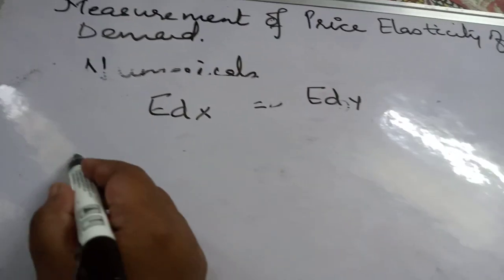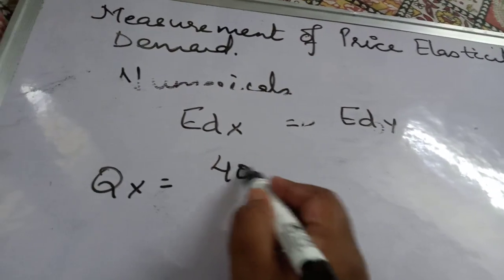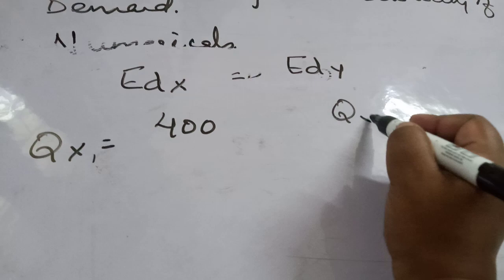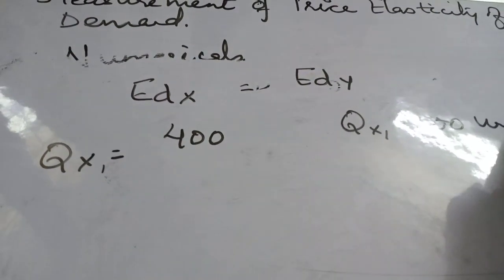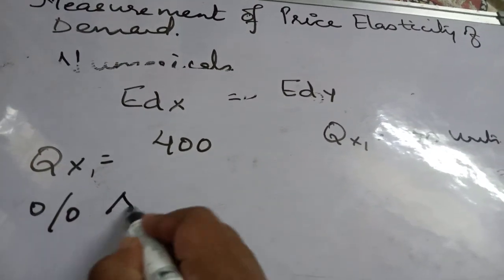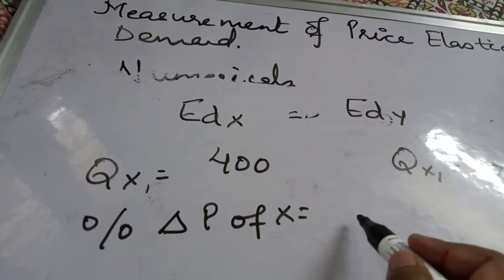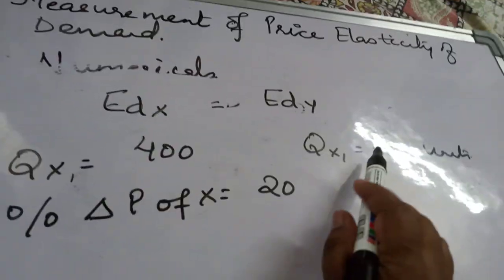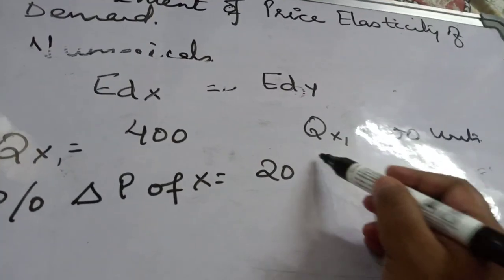Okay, so they've given us the initial quantity demanded of X, that is 400 units, and the new quantity demanded of X is 500 units, and they have said that the percentage change in price of X is 20. So the quantity is given in absolute value and the change in price is given in percentage.